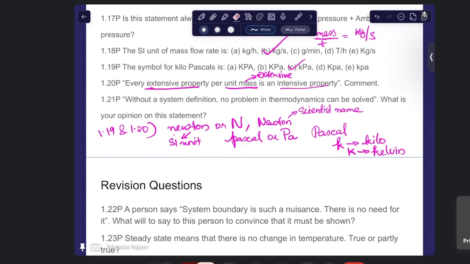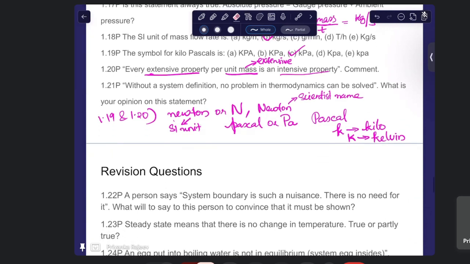If there is a temperature difference between system and surroundings, then heat will transfer from system to surroundings, and you are measuring it as a phenomenon happening across the system boundary. So if the system is not defined, how can I measure heat or work? That is not possible, right? So that is why, without a system definition, no problem in thermodynamics can be solved.